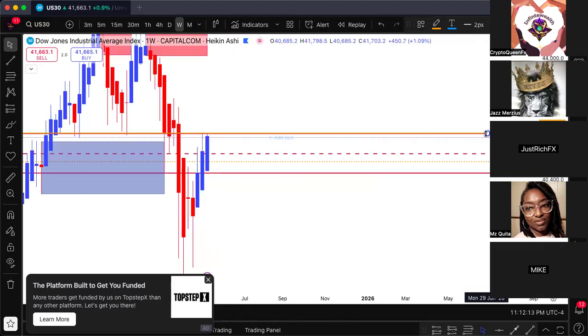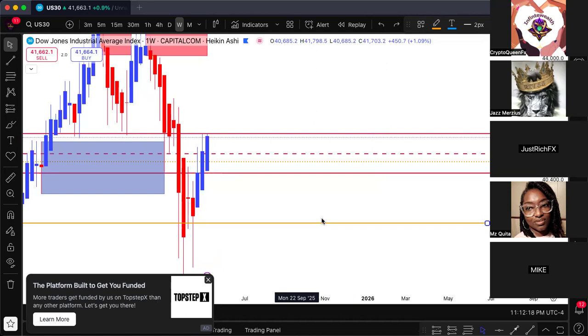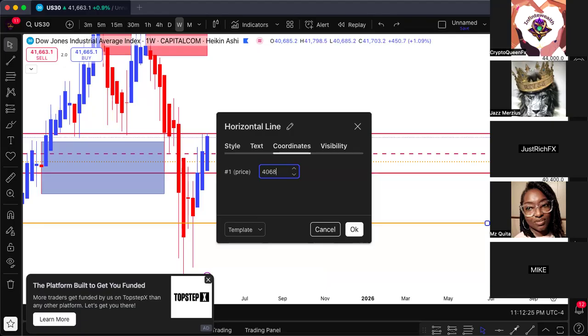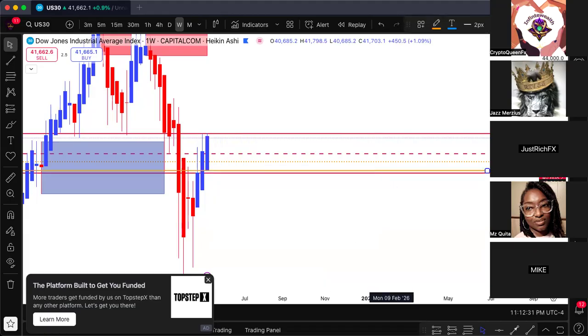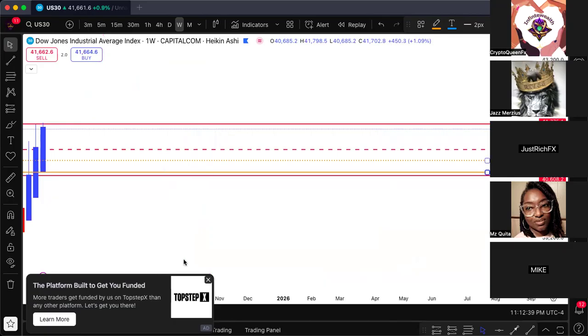So I don't need both lines. The low is 46.85. That's the monthly and the weekly.